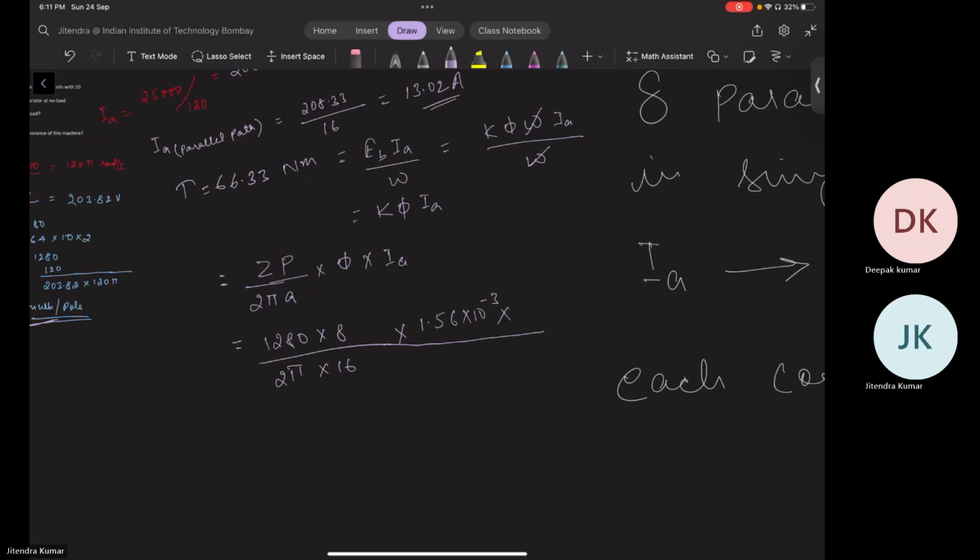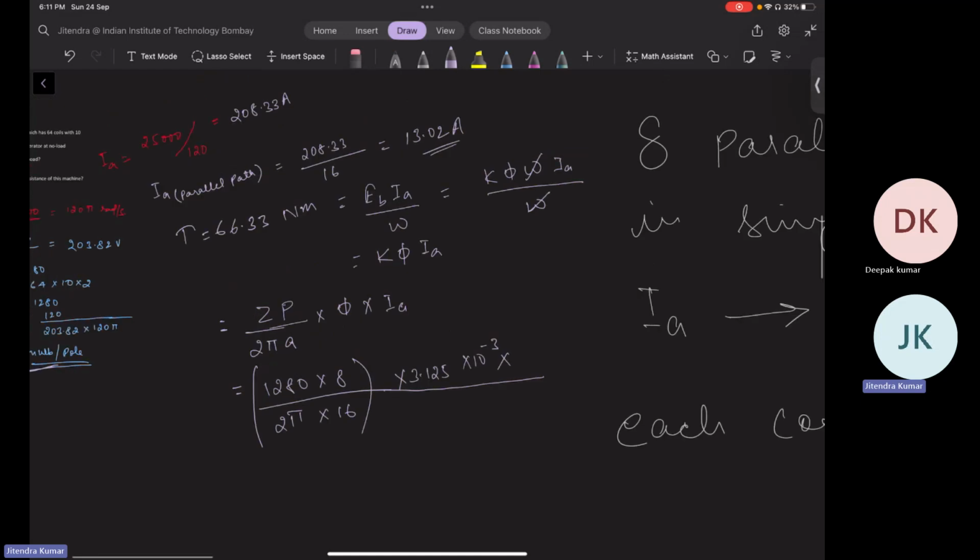So we wrote here K, this phi is 3.125 into IA. IA is nothing but 208.33.